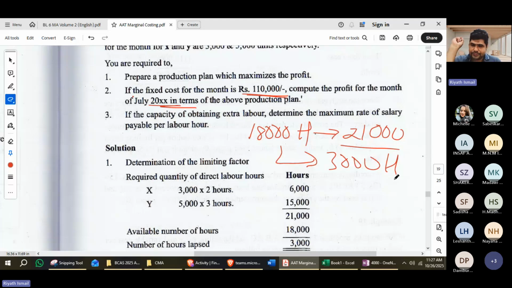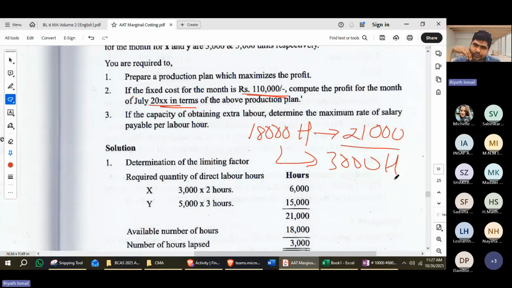You can get extra labor when you pay more. The current rate per labor hour is 5 rupees. If you increase the labor charge, you can hire laborers from outside.